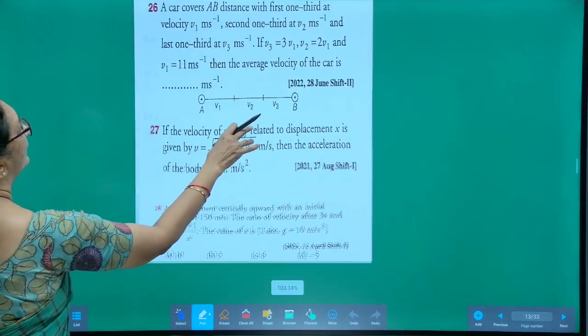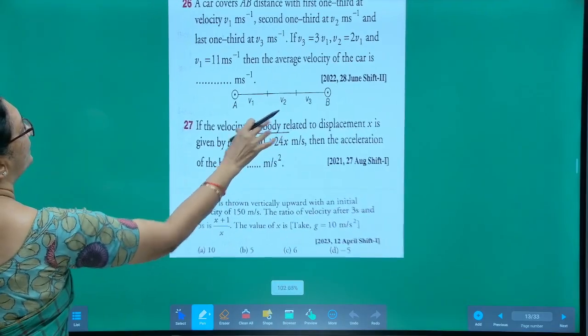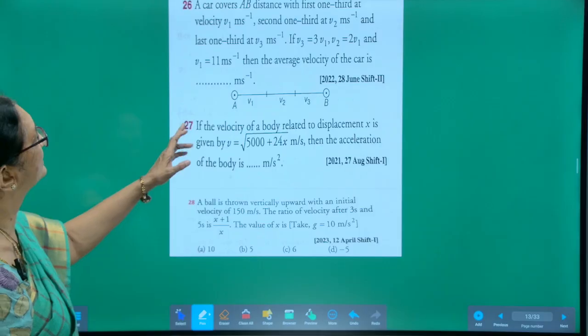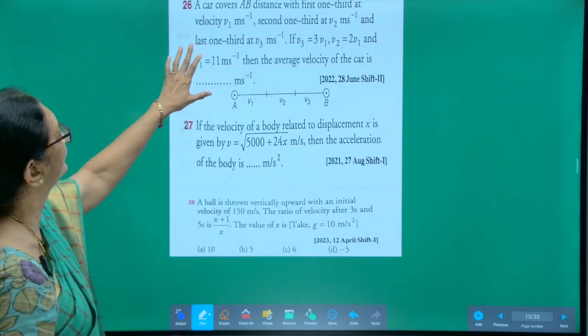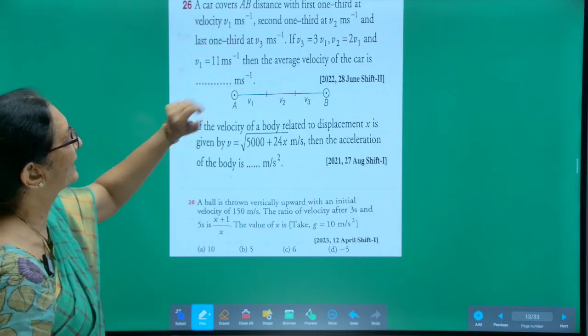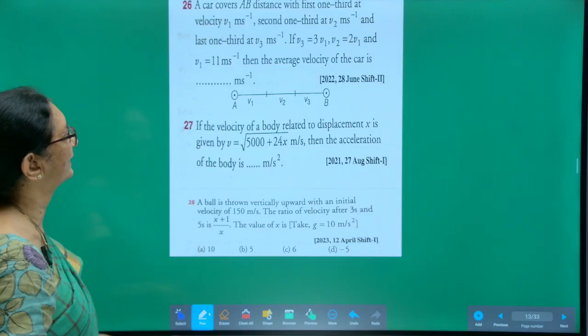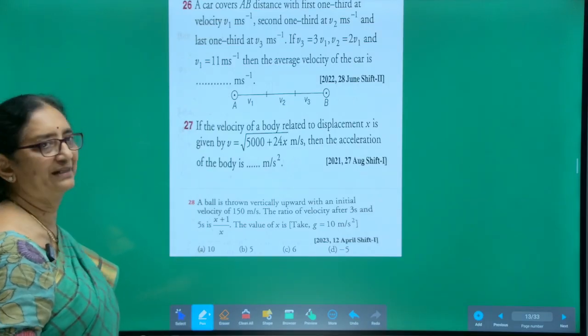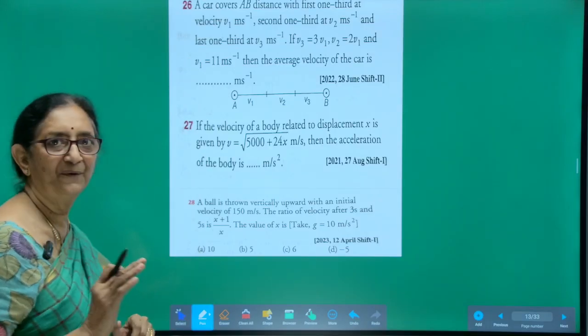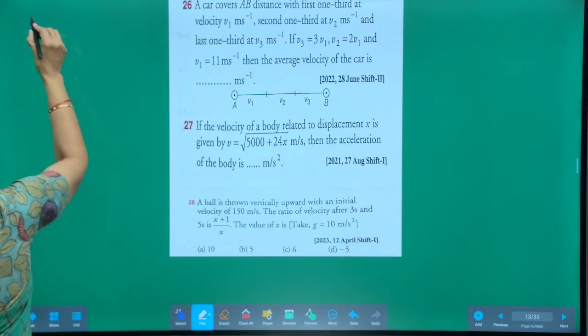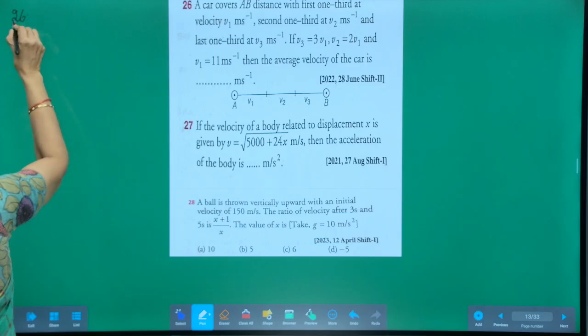A car covers distance AB with the first one third at V1, the second one third at V2, and the third one third at V3. Find the average velocity of the car. We know the direct formula.